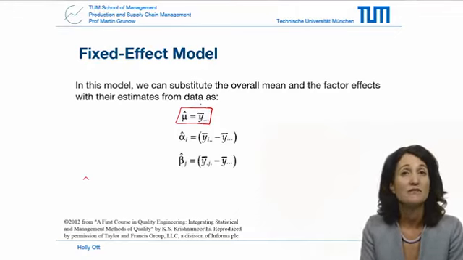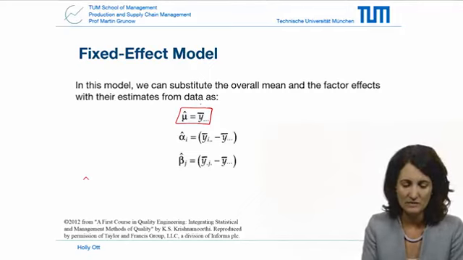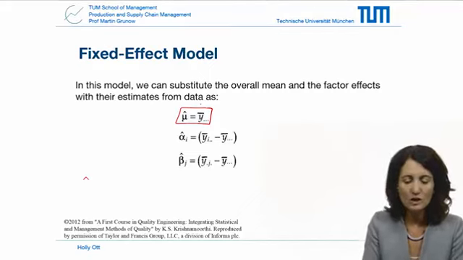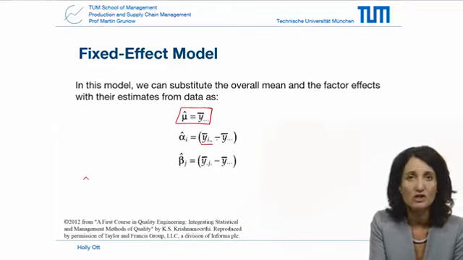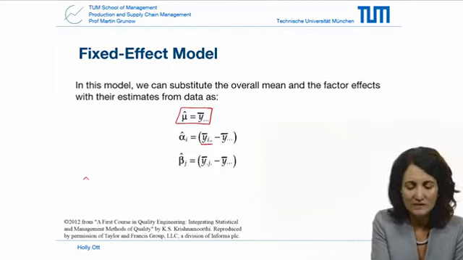The estimate for the effect caused by level I of factor A is going to be called this alpha I. We're going to use the row averages, right? Because the row averages should be the same for factor A at a certain level. And we look at that as the difference between that and the overall average.